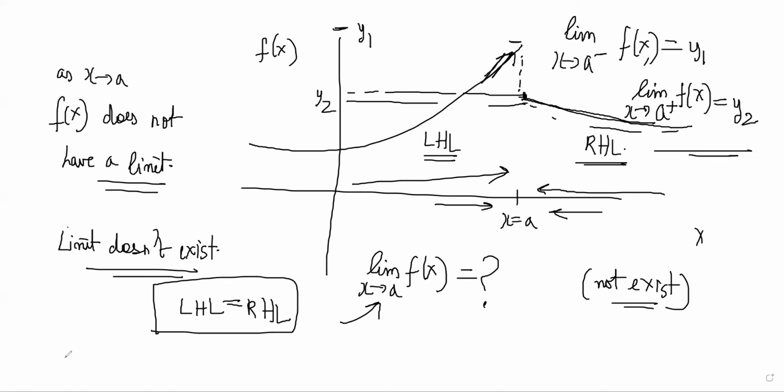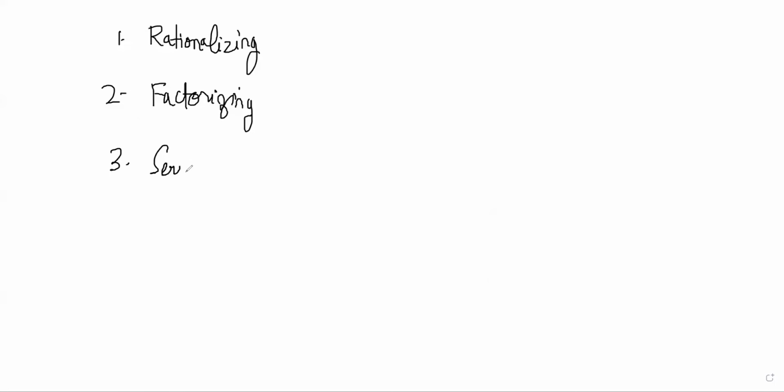Now there are many standard ways to calculate limits. Some ways are rationalizing the irrational parts, factorizing, cancelling factors. There is also the power series method.